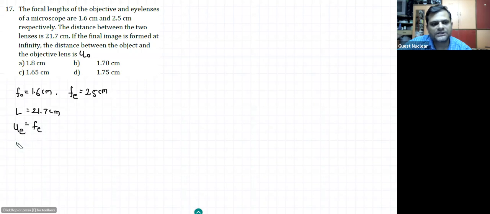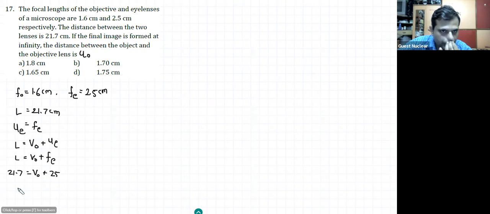And hence we can just get that length of the microscope actually happens to be VO plus UE. But since UE in this case is same as FE, so we can just write it as L is equal to VO plus FE here. And if we just put all the values here, then we can get this 21.7 is equal to VO plus FE, which is, sorry, FE is going to be 2.5 actually.